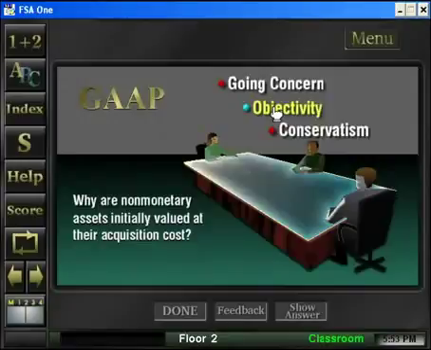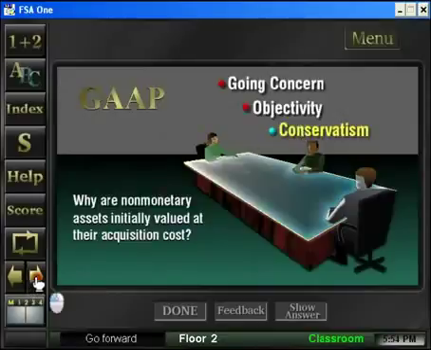Internal accountants, as well as external independent auditors, can agree on the acquisition cost as it is easily documented by a receipt, an invoice, or closing statement, for example. Conservatism. The accounting community generally agrees that more conservative valuation is in the interest of creditors and investors. That is, all else being equal, a lower value for assets, a higher value for liabilities, and a lower shareholders' equity is conservative.